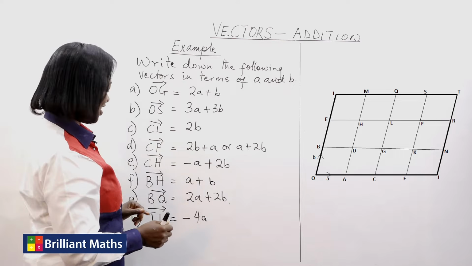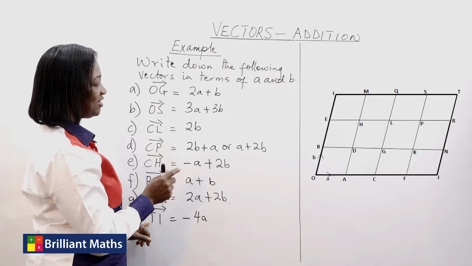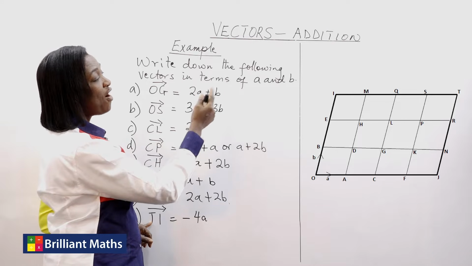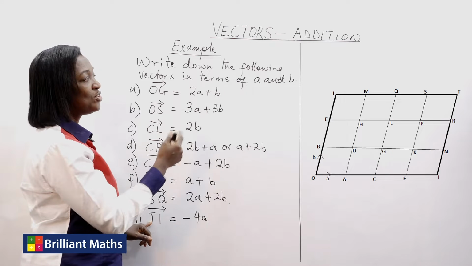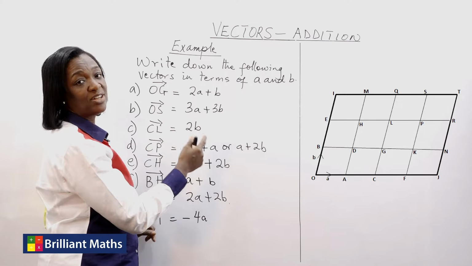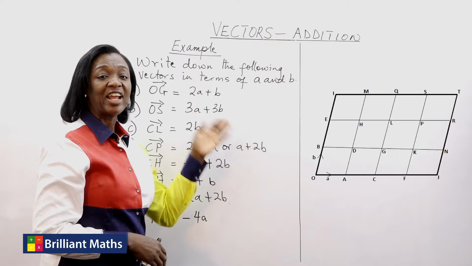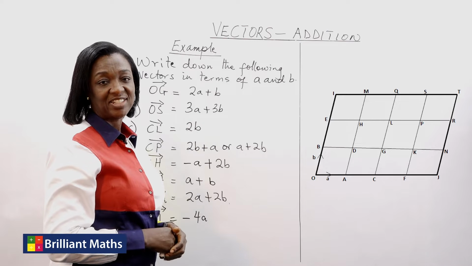And then finally, we're looking at the vector TI. From T to I, you're going to go 4 steps backwards in the direction of A. So the answer is minus 4A. That is very interesting. You can get more exercises from Brilliant Maths Module 8.